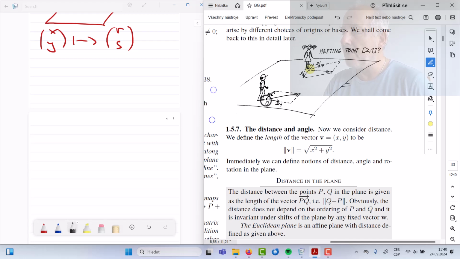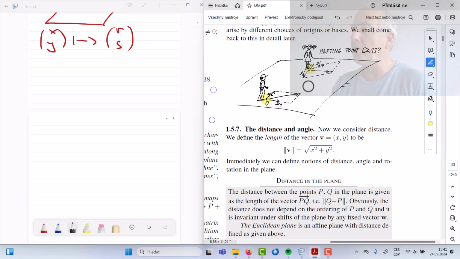And imagine that there are two people and each of them has their own origin where they are, or where they know they will be soon, and the two directions of their basic understanding of what the plane is would be different.